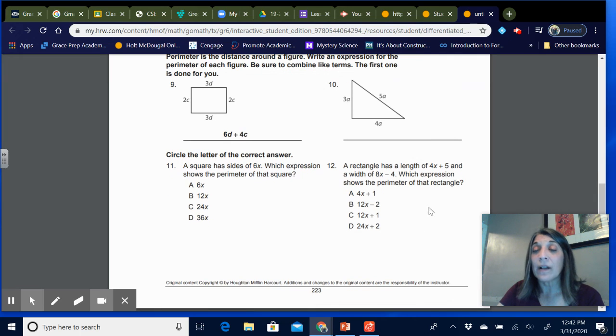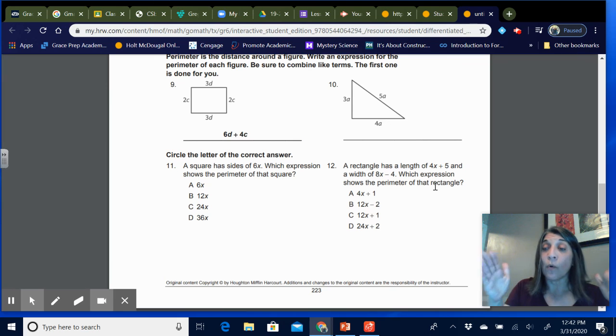This one says a rectangle has a length of 4x plus 5 and a width of 8x minus 4. Which expression shows the perimeter of the rectangle? Again, you have to add. There's two long sides to the rectangle, so you have to do 4x plus 5 plus 4x plus 5 plus the width, 8x minus 4 plus 8x minus 4.